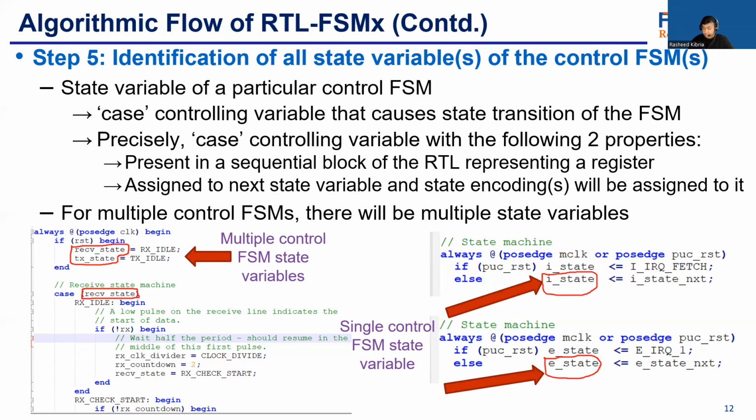Both of these scenarios are handled by RTL-FSMx, which makes it capable of extracting all the clock signals and reset signals perfectly, and also the state variables from the RTL description.